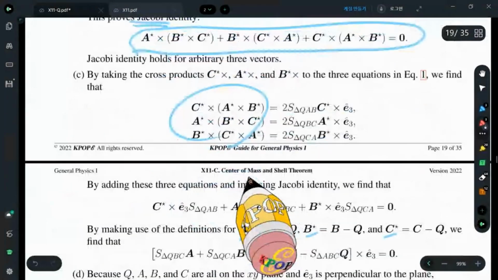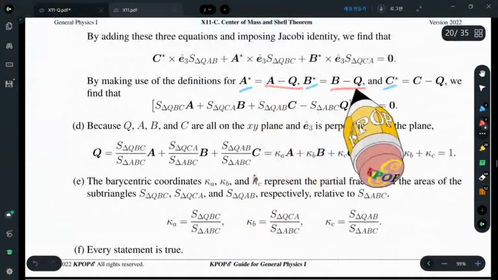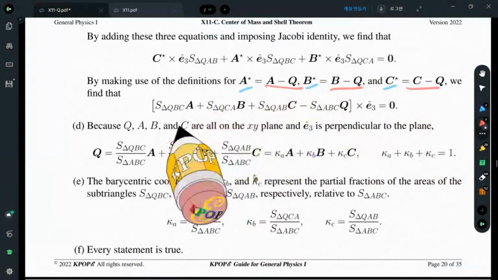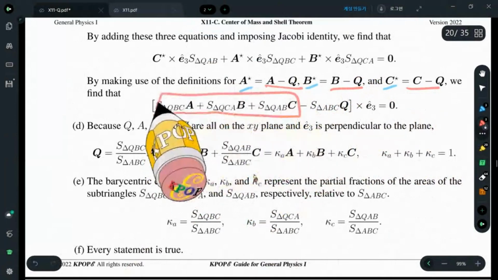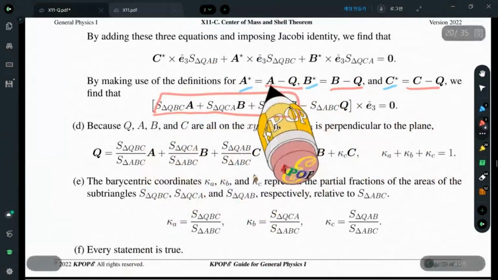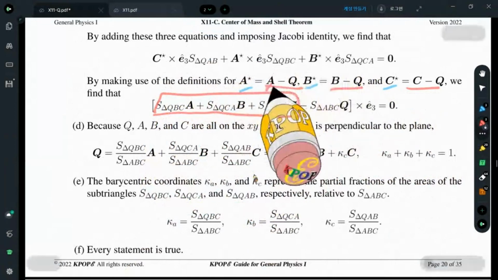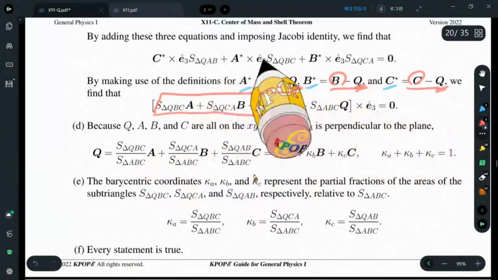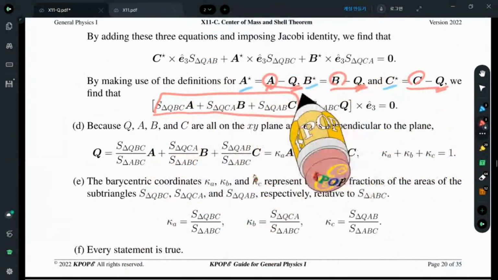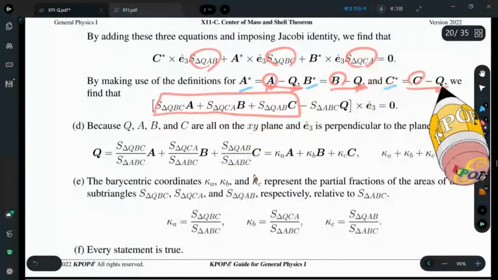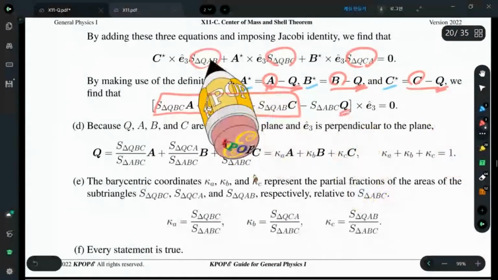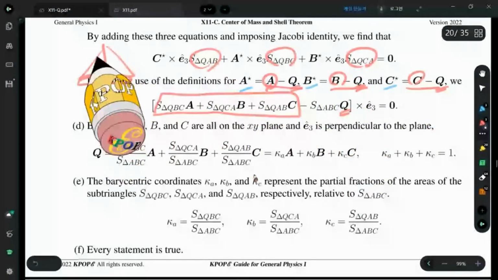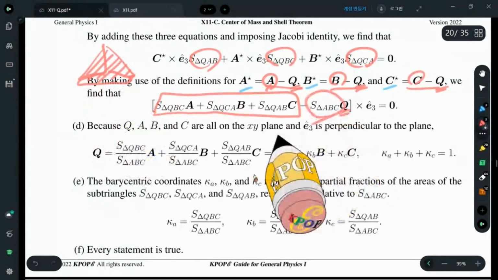So we substitute this one into these expressions, and what you'll find is that these three terms, A stars are replaced with these, and in the subtraction, Q is common to every term, and the sum of these three is the coefficient of Q, and the remaining sum of these three is just the sum of these three, that means the whole triangle. So this is the whole triangle.